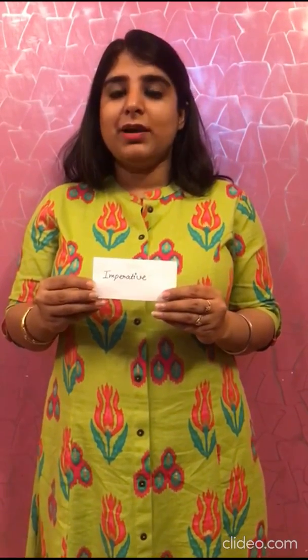What a beautiful day it is! Hooray, we won the match! An imperative sentence is used to give a command, an order, an advice, a request, or an instruction. For example, bake the cake at 180 degrees Celsius.